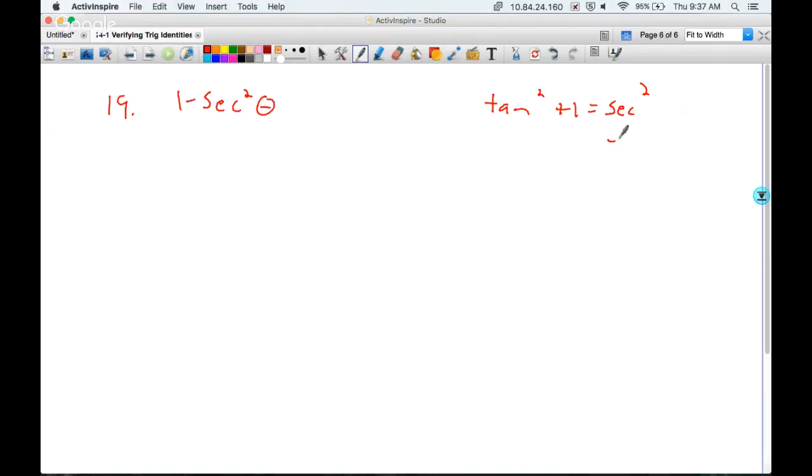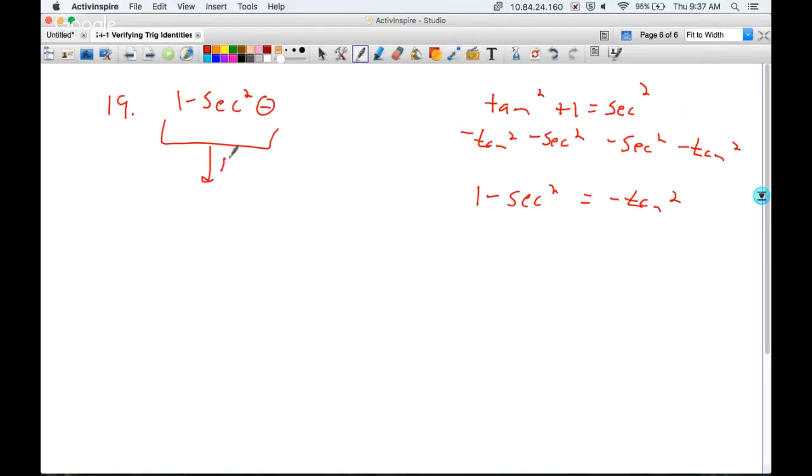I can by subtracting a secant squared from both sides and subtracting a tangent squared from both sides. And now I've got 1 minus secant squared equals negative tangent squared. So I can now use a Pythagorean identity to simplify this into just negative tangent squared theta. And because this only has one term and this has two, we consider that to be a little bit more simplified.